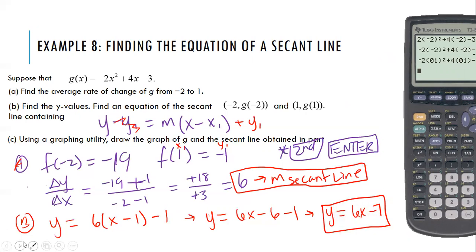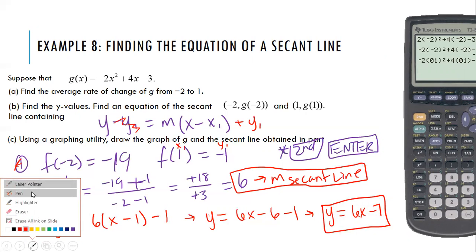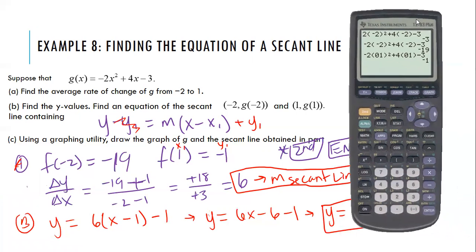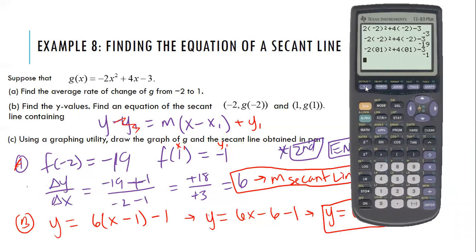So if I did this correctly, when I graph this on the calculator, when I graph g of x, I'm going to go here, and I already had it in there. It's 2x squared plus, and I forgot the negative again.